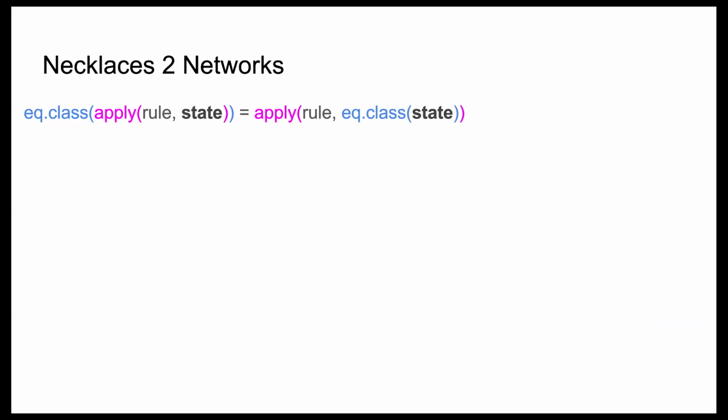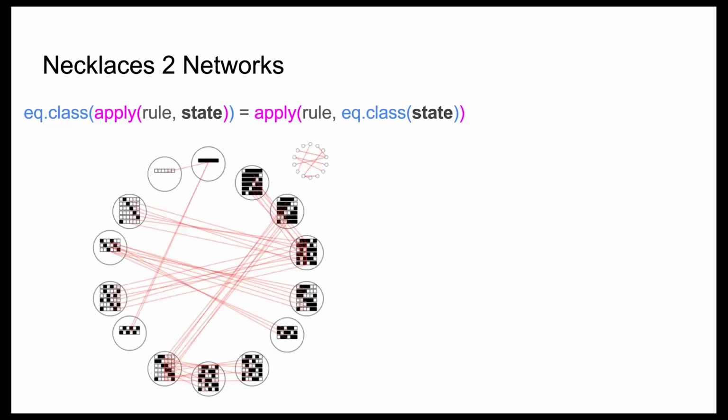As I was mentioning before, these two commute, which means that if you take your states and group them in necklaces and draw in red the transitions from one state to the other, all the arrows that start from one group end in the same group. Not the same one as the start, but the fact that they all end in the same one allows you to represent them as a coarse-grained version that you can see in the thumbnail in the corner.